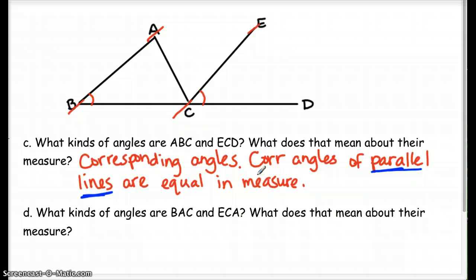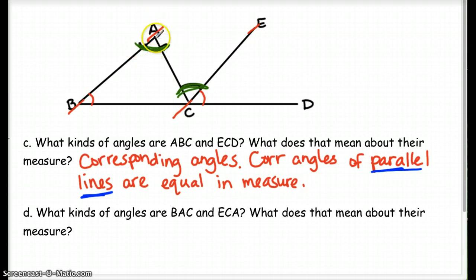Now, part D says what kind of angles are angle BAC, so that's this one right here, and ECA, which is right here. I'm going to use a different color so it's easier to see. Okay, the green ones.